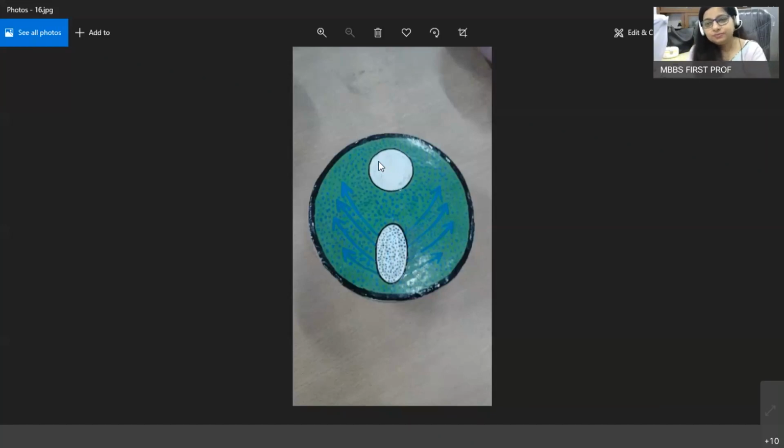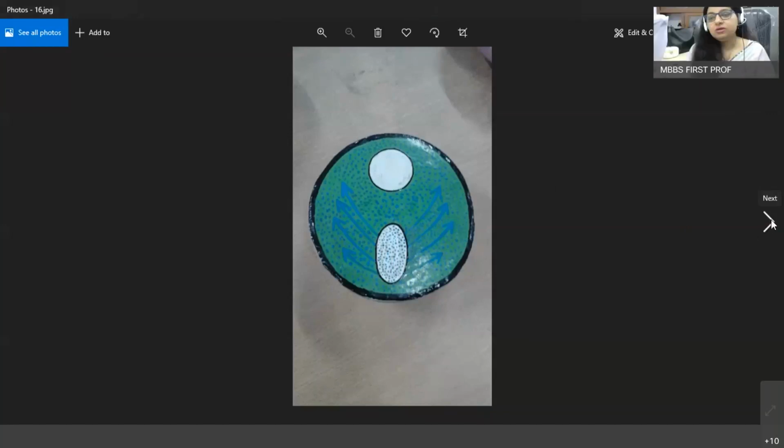What's pear? Fruits. I told you so, but which fruit? हिंदी में क्या बोलते हैं उसे? नाशपाती.